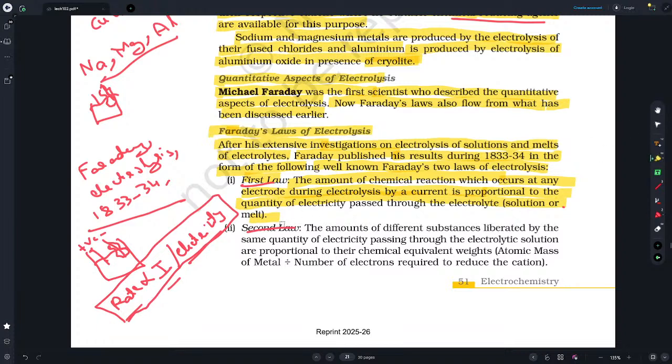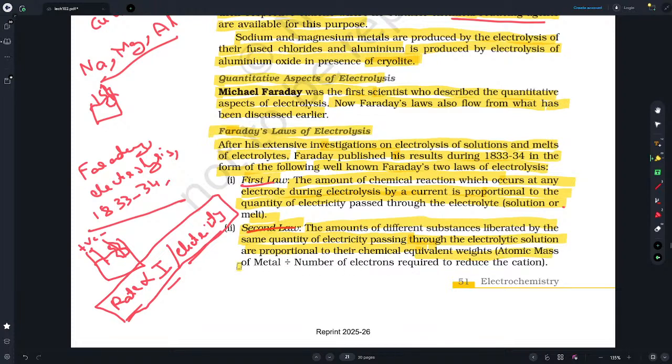Let's read the second law. Second law: the amount of different substances liberated by the same quantity of electricity passing through the electrolytic solution are proportional to their chemical equivalent weights.